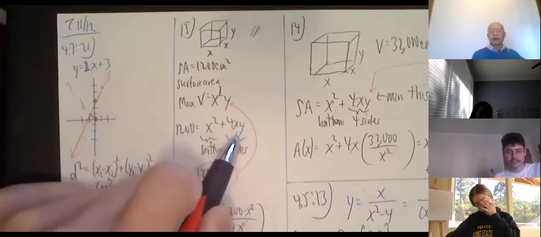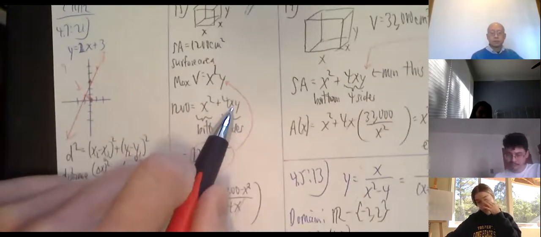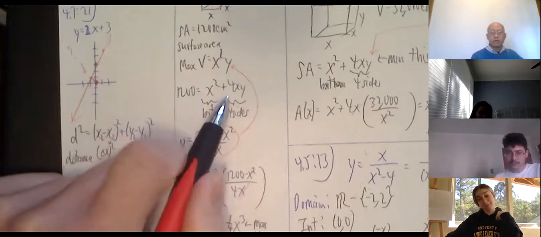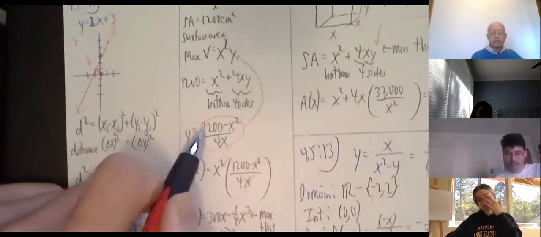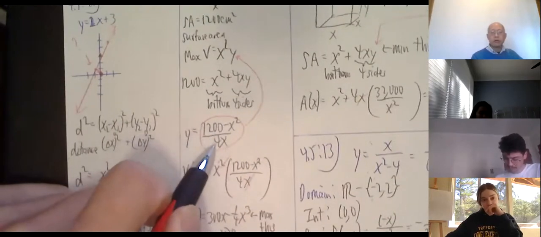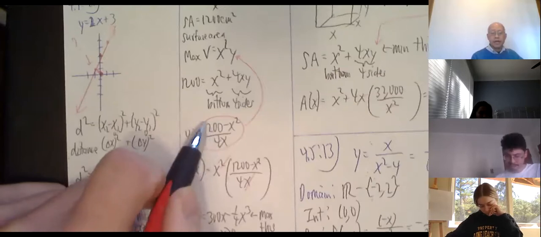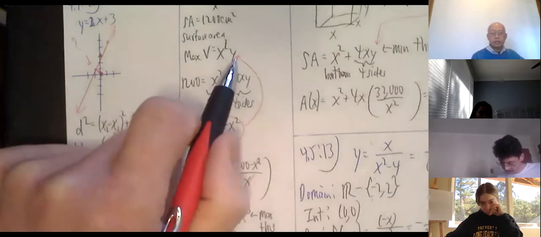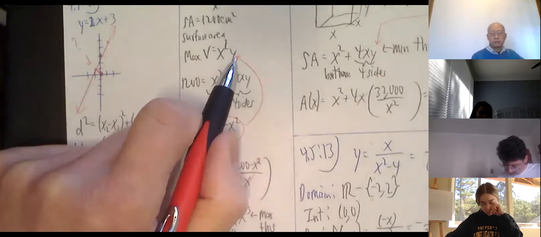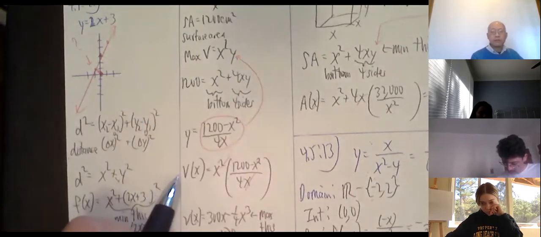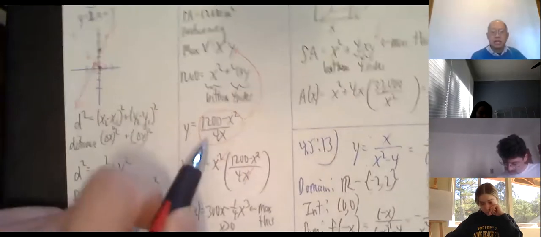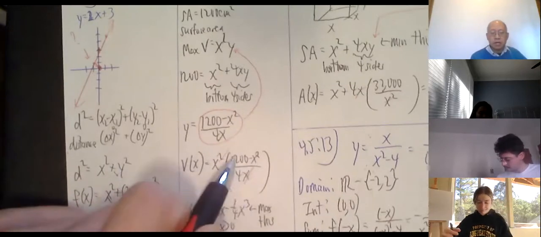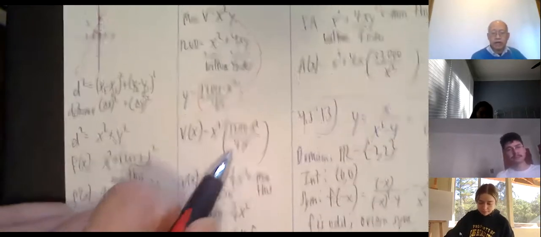Okay, solve for y. Subtract x squared, divide by 4x. So y is equal to 1,200 minus x squared all over 4x. And that gets substituted right over there. So the volume as a function of x now, V of x, is x squared times 1,200 minus x squared divided by 4x.